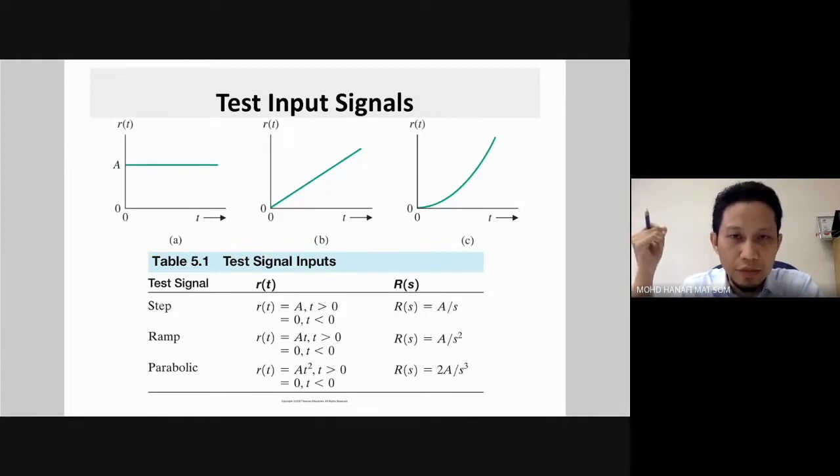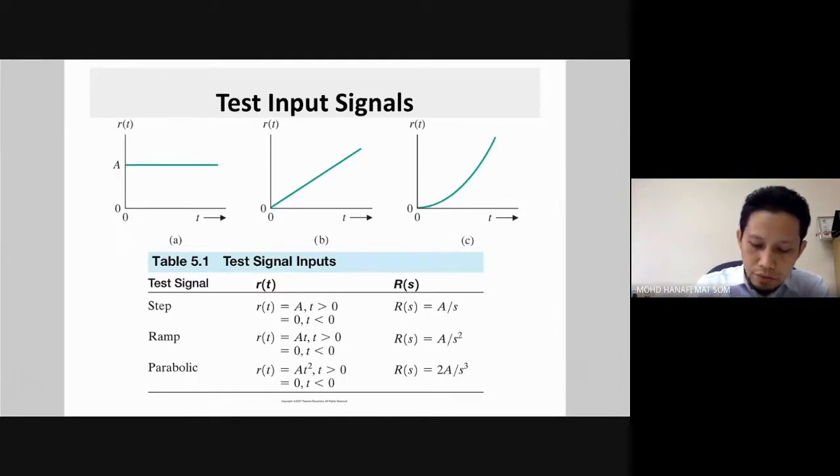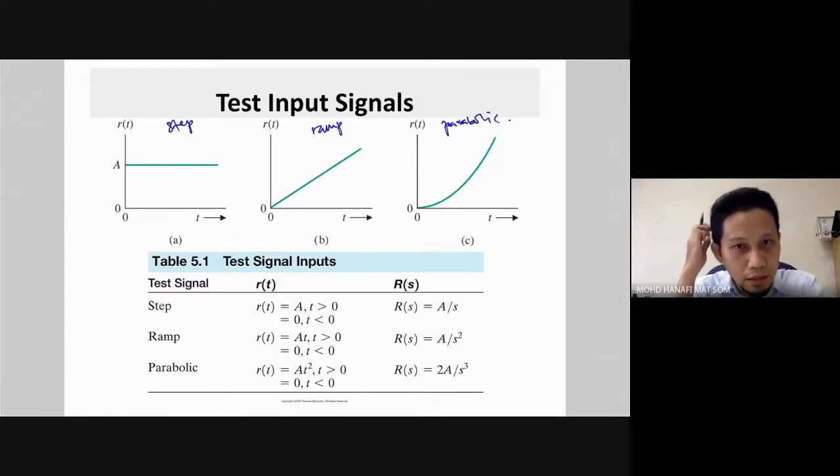The first one is a step input. The second one is the ramp, and the third one is parabolic. So this is the step, this is the ramp, and this is the parabolic. This is how you should remember the test signals.